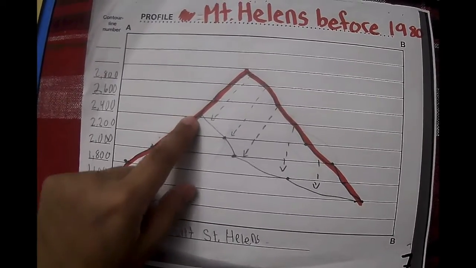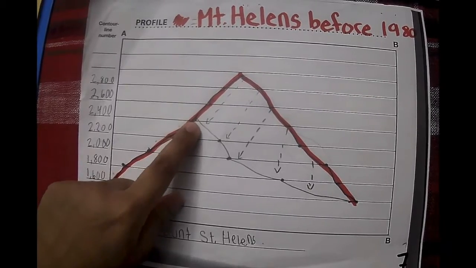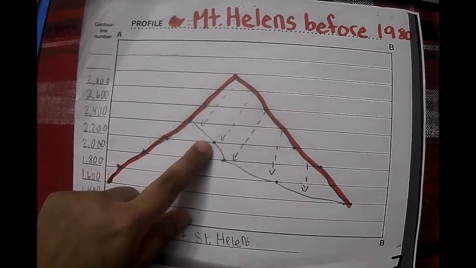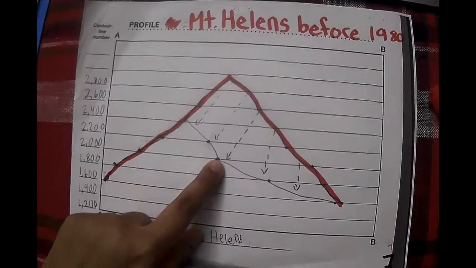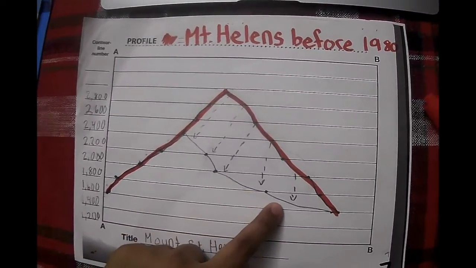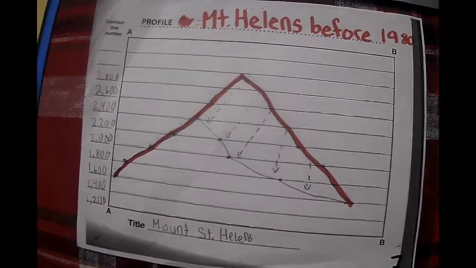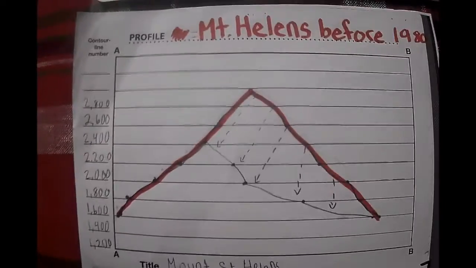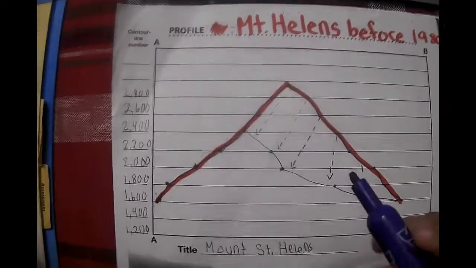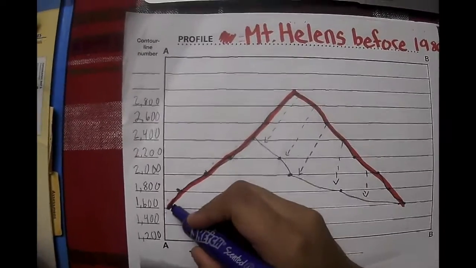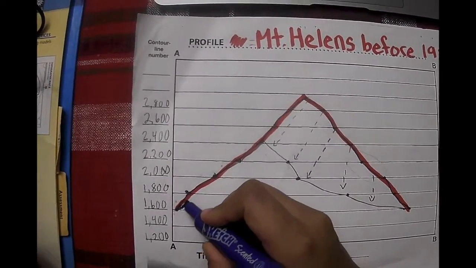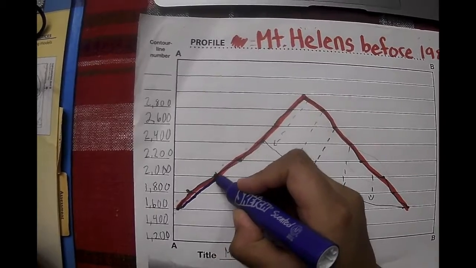It wasn't until we got to this side, the north side, that the profile of Mount St. Helens switched. So I want you to take a different color marker, I'm using the color purple, and trace the outline of Mount St. Helens.